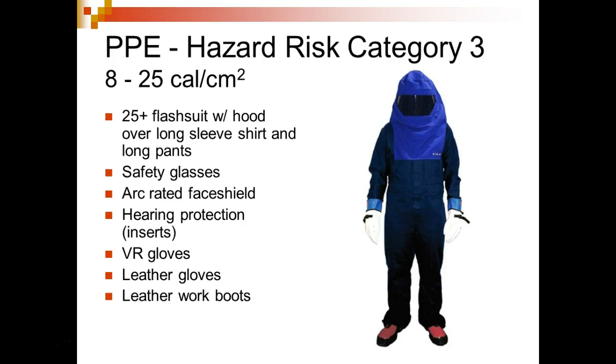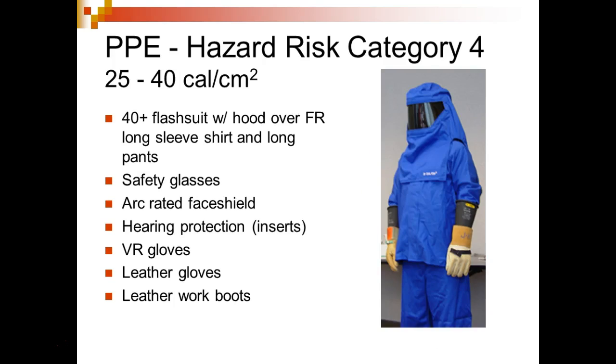This is category 3, which is between 8 and 25 calories per centimeter squared. 25 plus flash hood over long sleeve shirts and long pants, safety glasses, arc flash rated face shields, hearing protection plus inserts. We didn't say that a while ago. So hearing protection means you have the hearing protection and then you have inserts in your ears, right? Voltage rated gloves, and leather work boots.